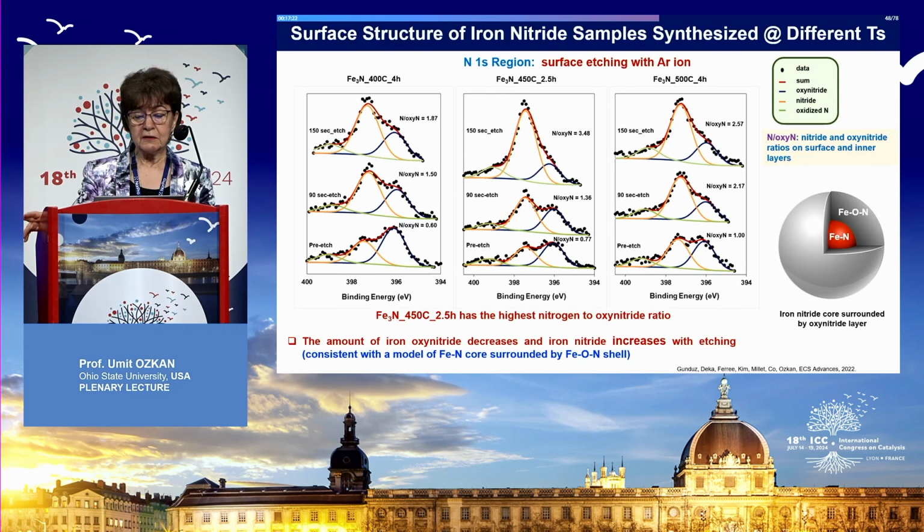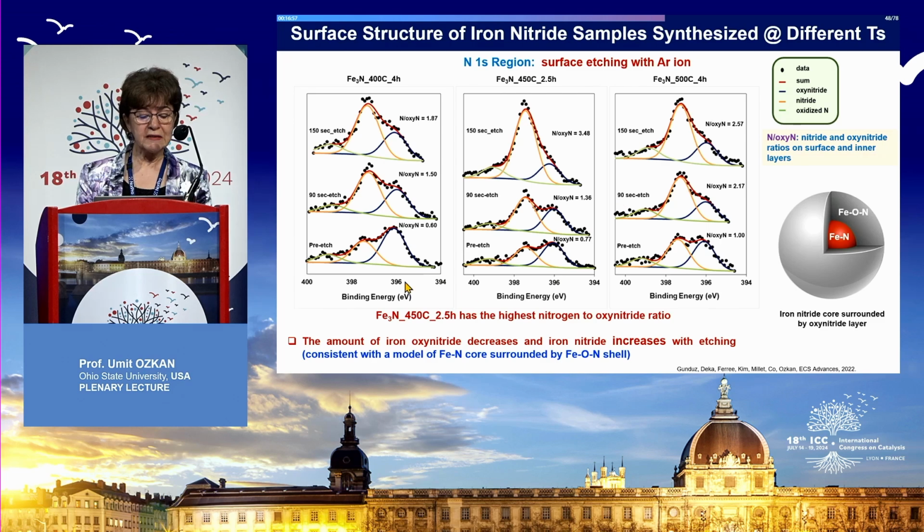Now, another characterization we've done on these materials was argon ion etching, looking at the nitrogen 1s region, to look at how the surface is different from the bulk. We looked at the three samples which were nitrided at three different temperatures, 400, 450, and 500 degrees centigrade.